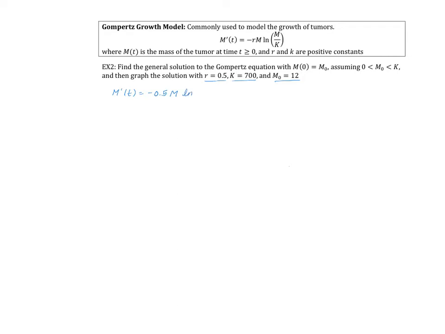And then I have natural log of M, over the carrying capacity of 700. Now this is a separable equation. If I divide both sides by M times the natural log of M over 700, then I can just take the integral on both sides.